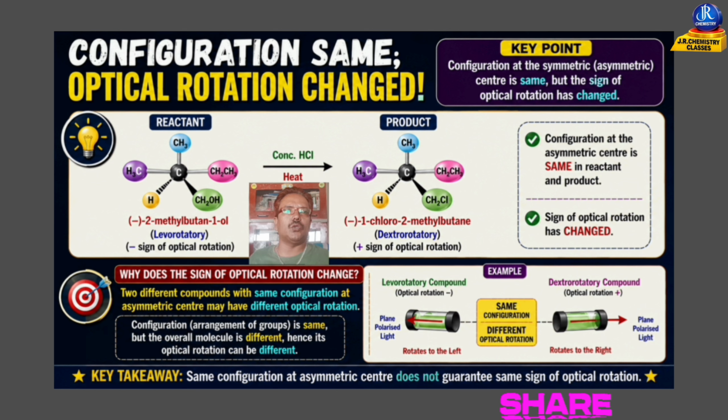This is so because two different compounds with the same configuration at the asymmetric center may have different optical rotation. One may be dextrorotatory, plus sign of optical rotation, while the other may be levorotatory, negative sign of optical rotation.